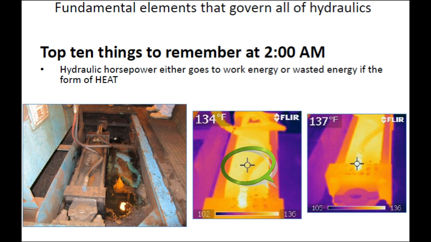Alright, and then the one next to that I'm measuring that 90 fitting right there, and it's 3 degrees hotter. So what that shows you is that when oil has to work unnecessarily, like when it's going across a 90 or it reduces down and it becomes turbulent, that is wasted energy in the form of heat, and that is called pressure drop.